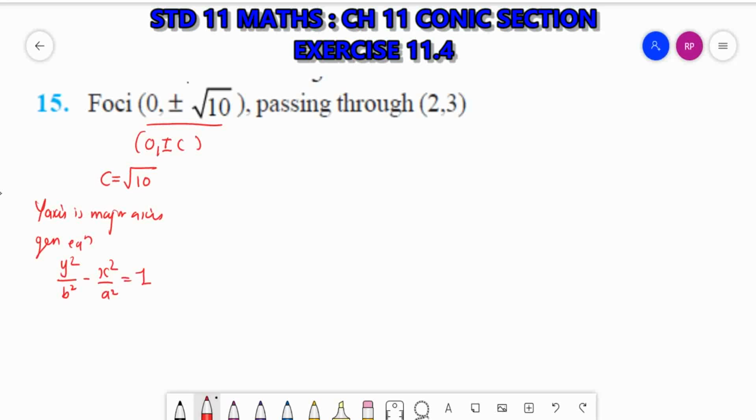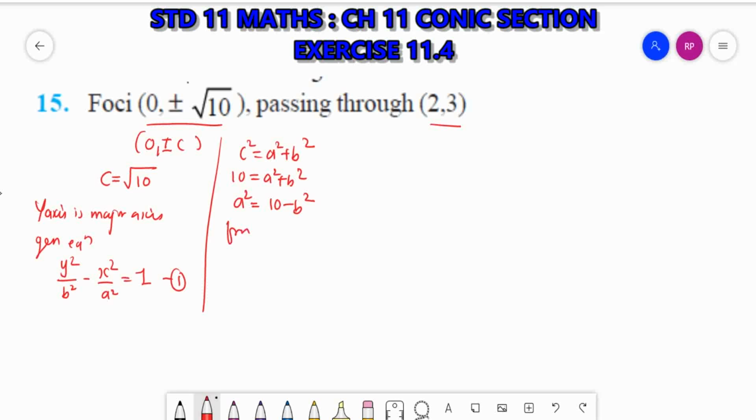Now see, it is passing through 2, 3. Before that, I got the value of c and I know the equation, that is c square is equal to a square plus b square. What is c square? 10 equal to a square plus b square. So a square is equal to 10 minus b square. Clear? I got the value for a square, it will be 10 minus b square.